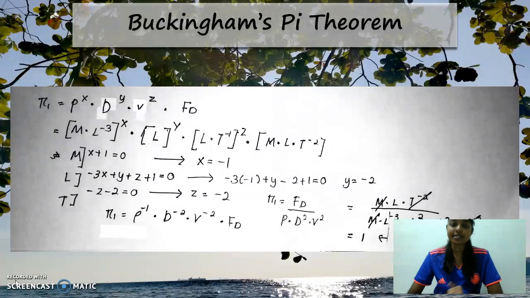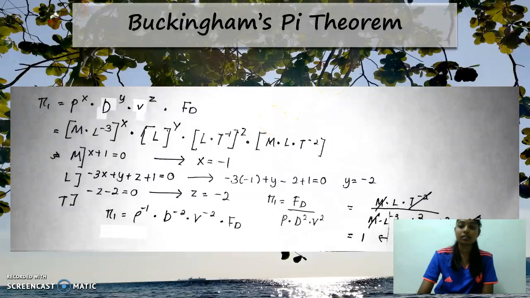So we will multiply with Fd. From here, we do the derivation until we put x, y, and z. This is to the power of 1. So for m, we have x plus 1 from here, and then for L we have negative x plus y plus z plus 1.